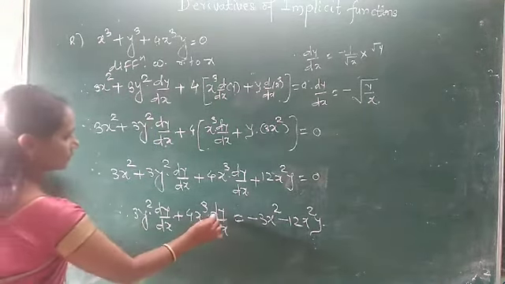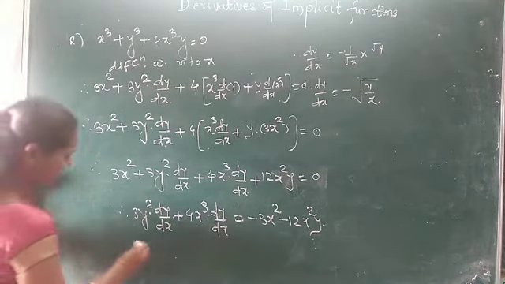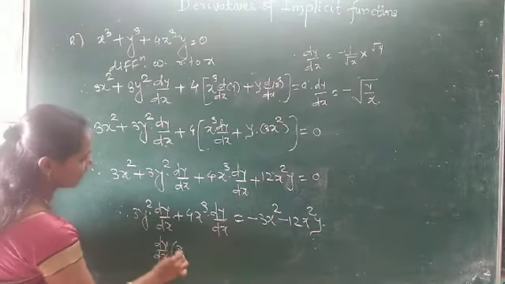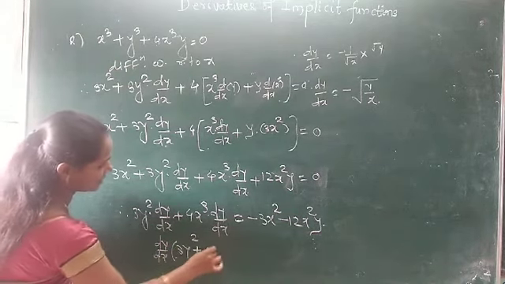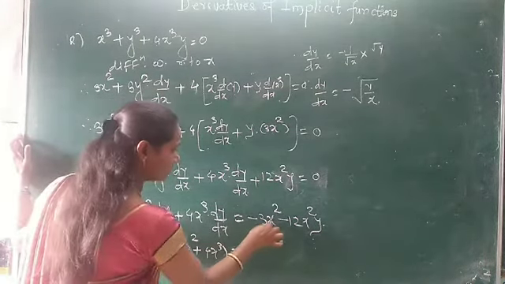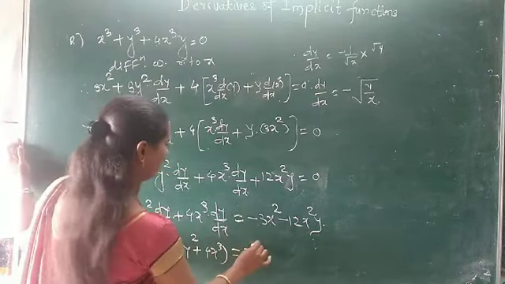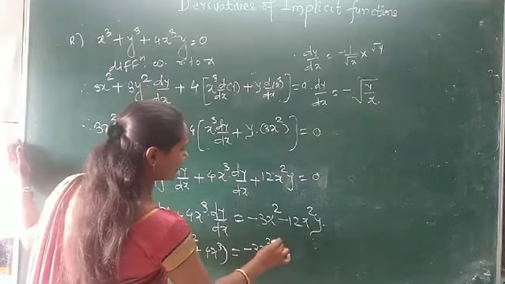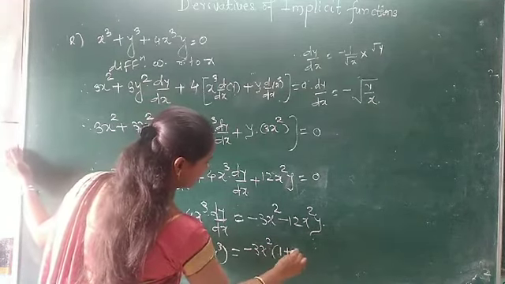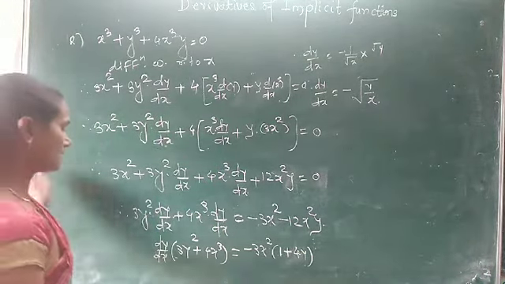Now from these two terms we take dy by dx outside. So remaining part is 3y square plus 4x cube is equal to, take minus sign common, also we take minus 3x square common. So in bracket we get 1 plus 4y.